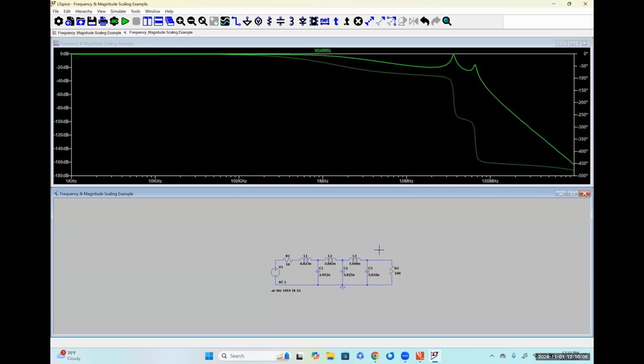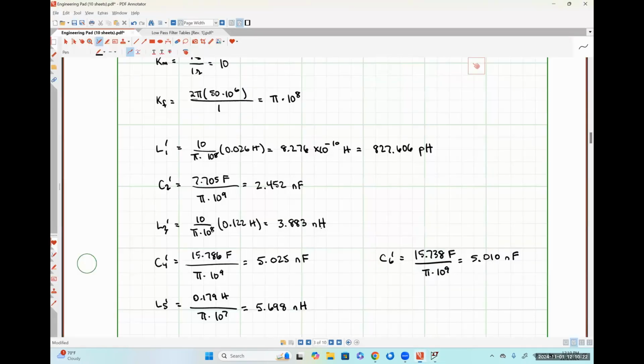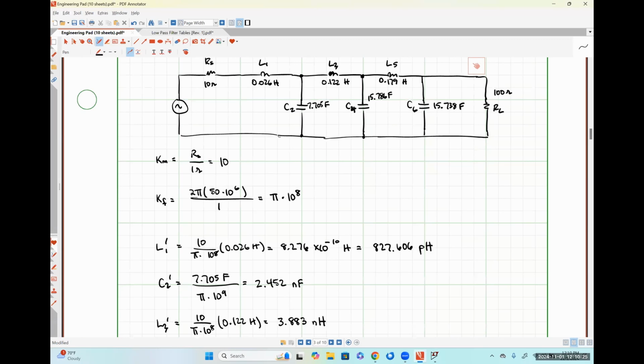Yeah, so it's literally just the resistor scaling factor is incorrect. I based my scaling factor on RS as compared to 1 ohm. And it looks like I should have done it to RL. That would make my inductor 10 times larger and my capacitor 10 times smaller.